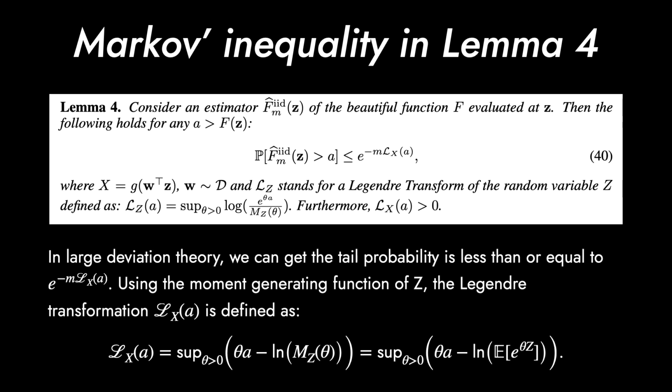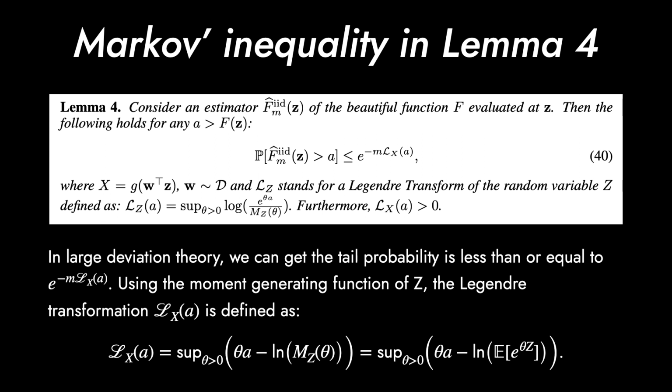In large deviation theory, particularly with the central limit theorem, we can get that the tail probability is less than or equal to the exponential function. Using the moment generating function M of z, the Legendre transformation is defined like this using the supremum.